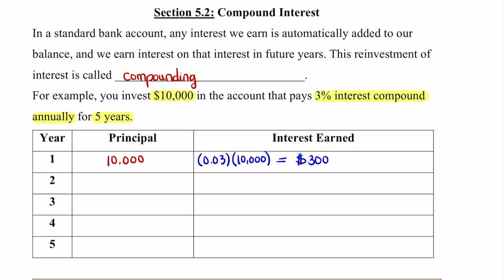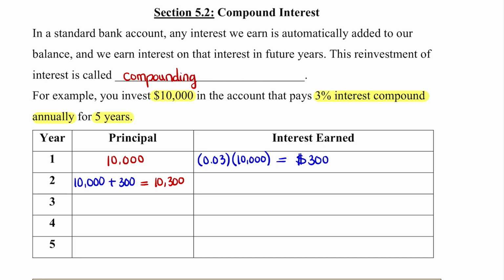Now, because this account is compounded annually, starting in the second year, the $300 interest that I earned from the first year will be added to the $10,000. So the principal in my second year will no longer be $10,000. It will be $10,000 plus $300, so my new principal is $10,300.